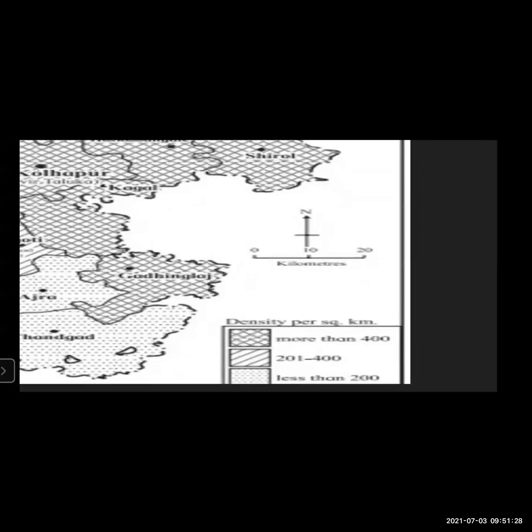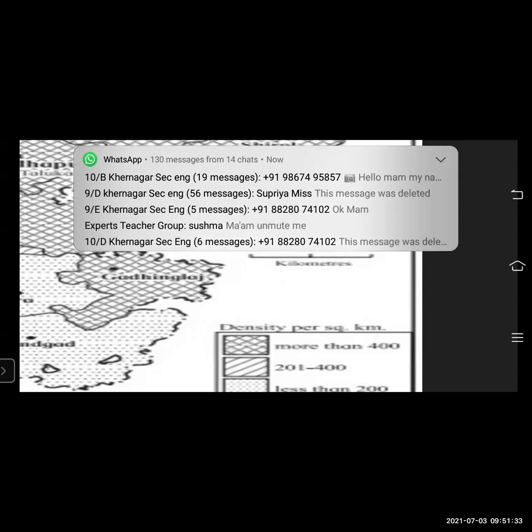Then you can see in the corner the density per square kilometer is given. More than 400 is given, and you can see what type of pattern is used to represent more than 400. Then what pattern is used to represent 201 to 400? And the dotted pattern is used to represent less than 200.